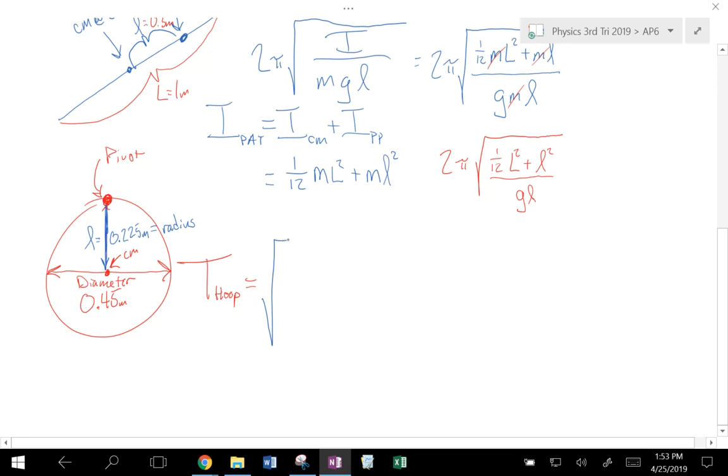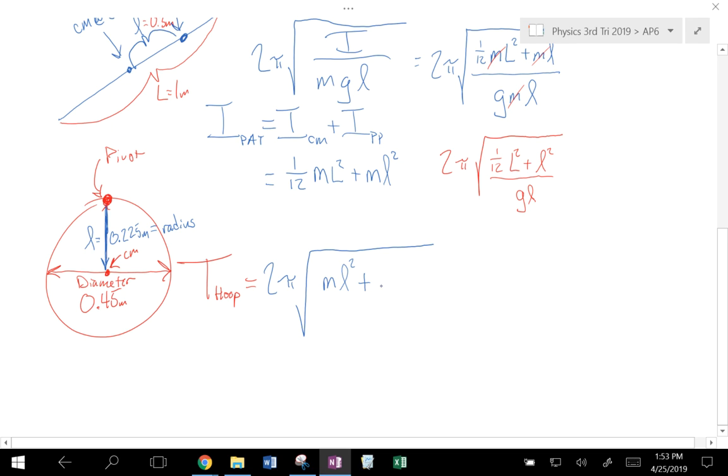So, I forgot about the 2 pi. 2 pi root. For the moment of inertia, I'm going to have the moment of inertia about the center of mass, which would be mr squared. But again, r is L here.